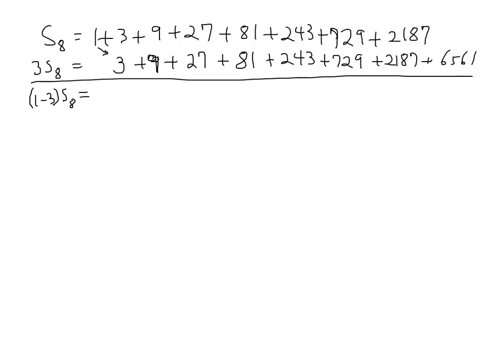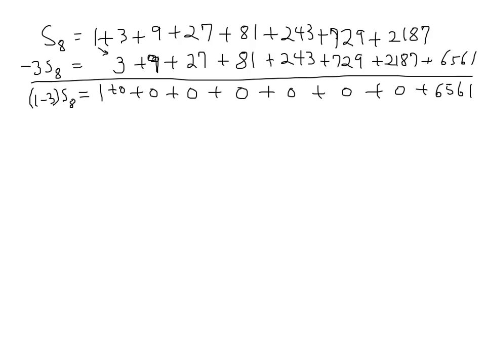On the right side, you're going to get 1. 3 minus 3 is 0. 9 minus 9 is 0. Notice that we're subtracting this whole side. We have 0 here, 0 here, 0 here, and we have the last term.